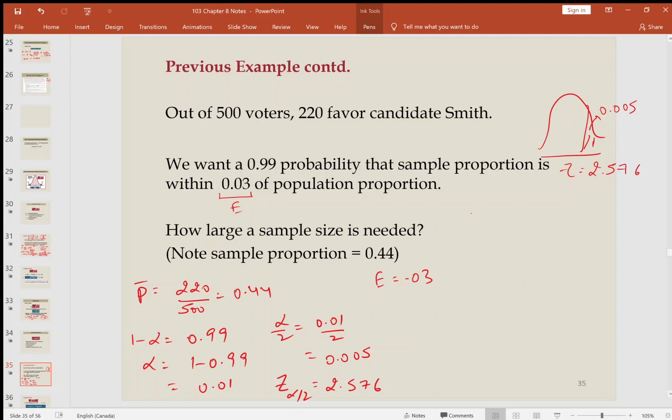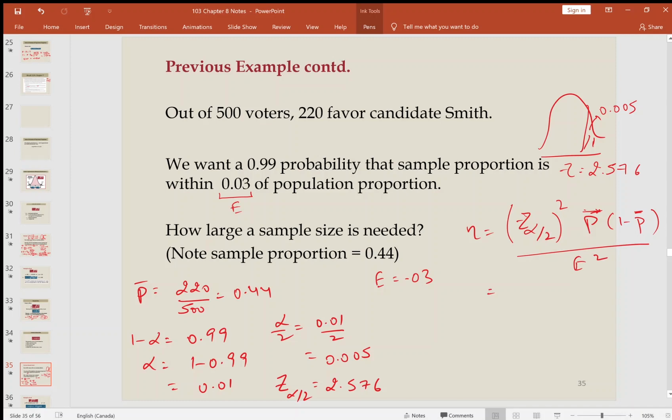So let's just plug in the numbers in this formula. The formula is n is equal to z alpha by 2 square times p bar times 1 minus p bar divided by E square.